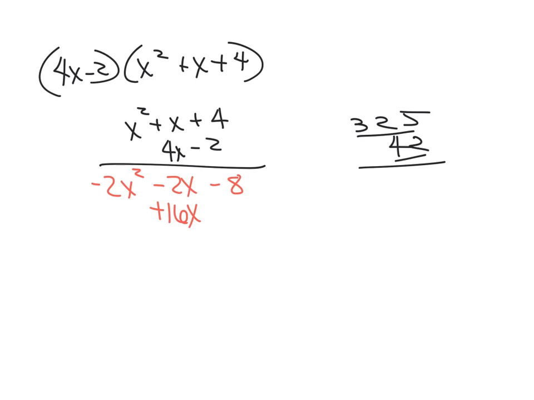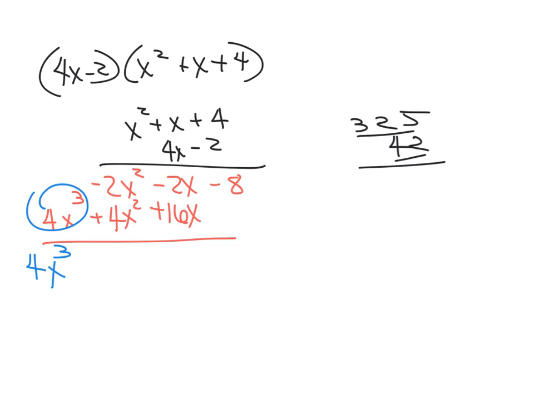Then I multiply those, and I get positive 4x squared. Then I multiply those, and I get 4x cubed. Notice what happened here is all of my like terms are stacked above each other. If I don't have anything stacked on top of it, then there's no other like terms, and everything is just left the way it is. So 4x cubed doesn't have anything to add to.